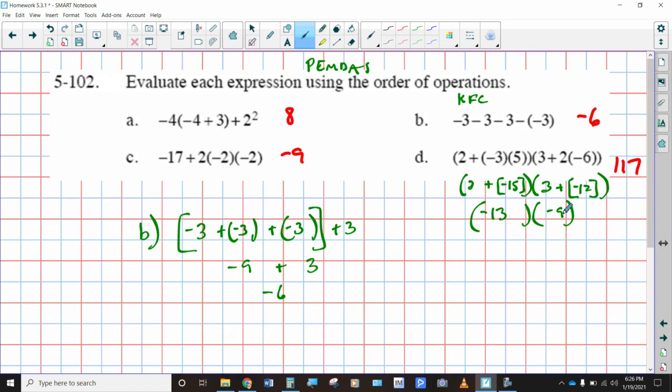So 13 times 9. This is a 27, carry the 2. That's supposed to be a 7 there. Okay, and that's going to be 117. And it's a negative times a negative, which gives you a positive answer. So our answer there is 117.